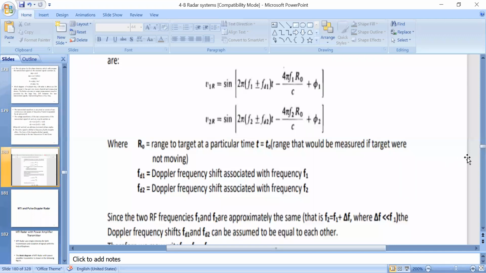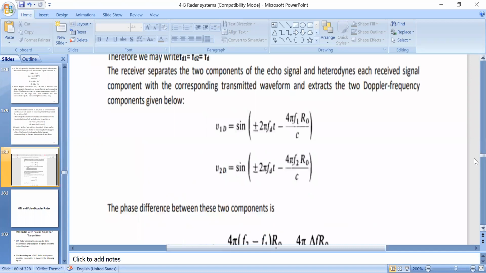These are the received echoes, right? Now these received echoes are given to a receiver. Now we will see what the receiver does. The receiver separates the two components of an echo signal and heterodynes the received components with the corresponding transmitted waveform, which extracts the Doppler frequency components given below, right?